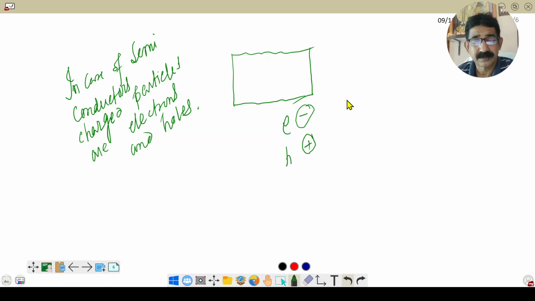That means when we have the relation rho is equal to m by n square into tau, when this factor n, the number of charges per unit volume, increases, rho decreases.